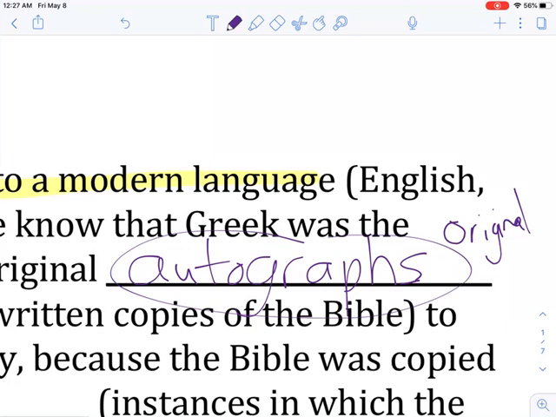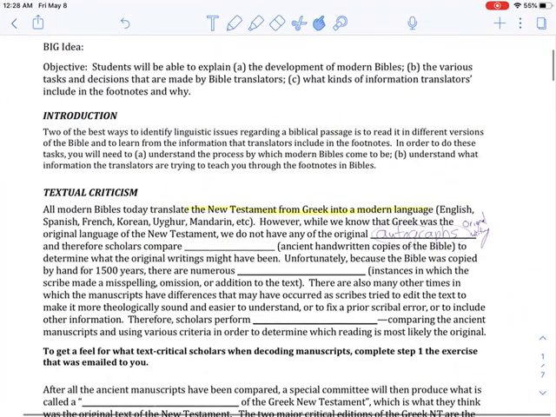Meaning the first letter of Romans that Paul wrote to the Roman church, or the letters that John wrote in the book of Revelation. So the original writings, we don't have these. What we do have are copies of these from later years.